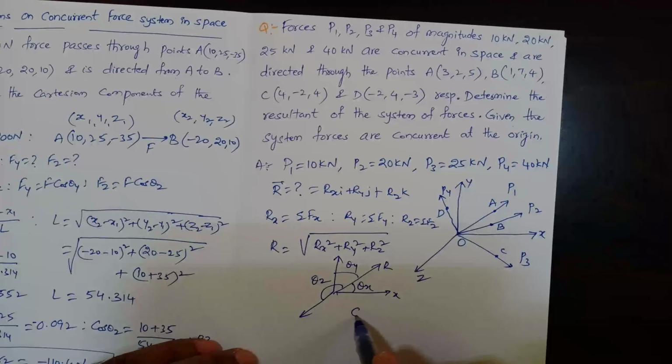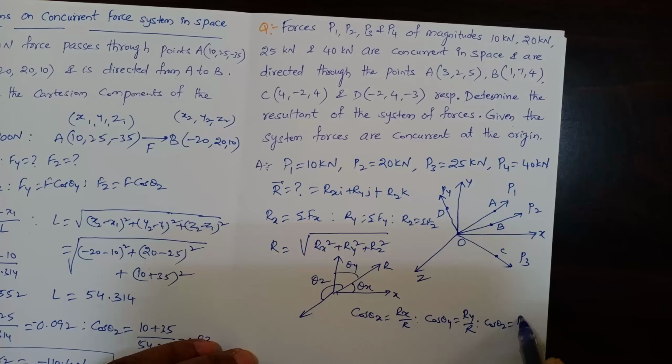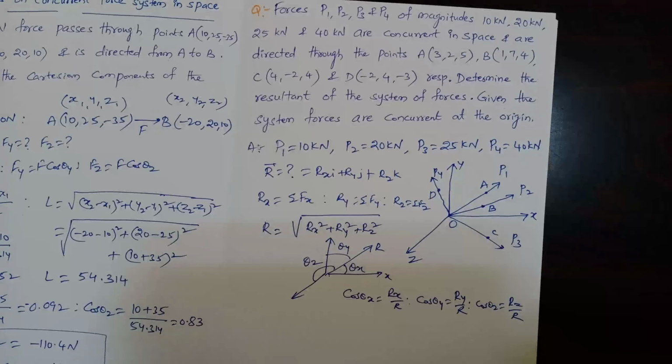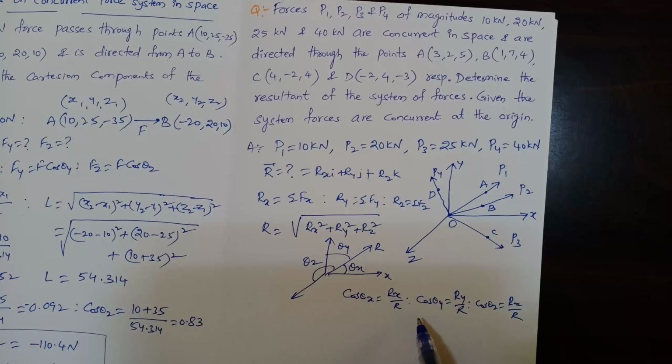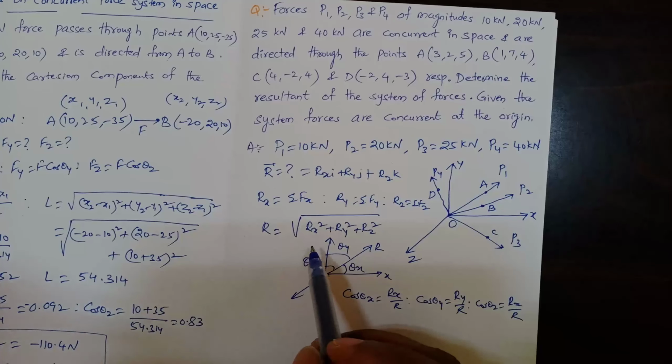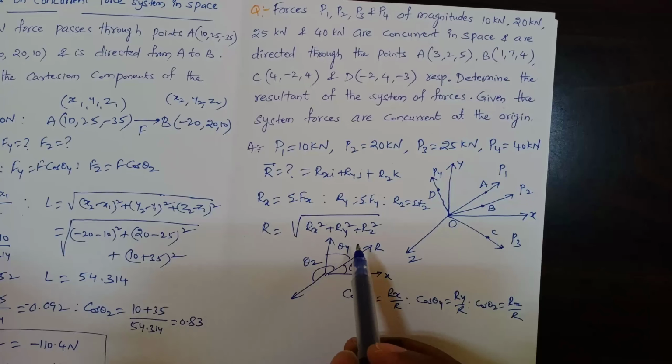Then cos theta x is equal to Rx by R, cos theta y is equal to Ry by R, and cos theta z is equal to Rz by R. So these are the formulas. Now we have to find this R and theta x, theta y, theta z. For that we need to know the Rx value, Ry value, and Rz value.